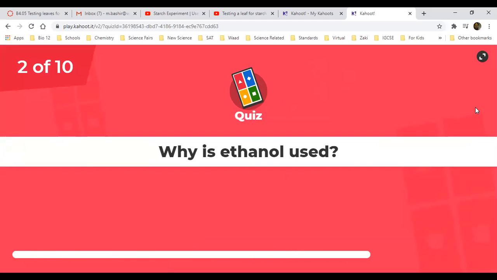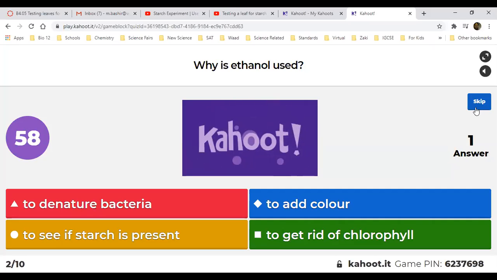Why is ethanol used? To denature the bacteria, to see if starch is present, to add the color, or to get rid of the chlorophyll. When we added ethanol, it became green.